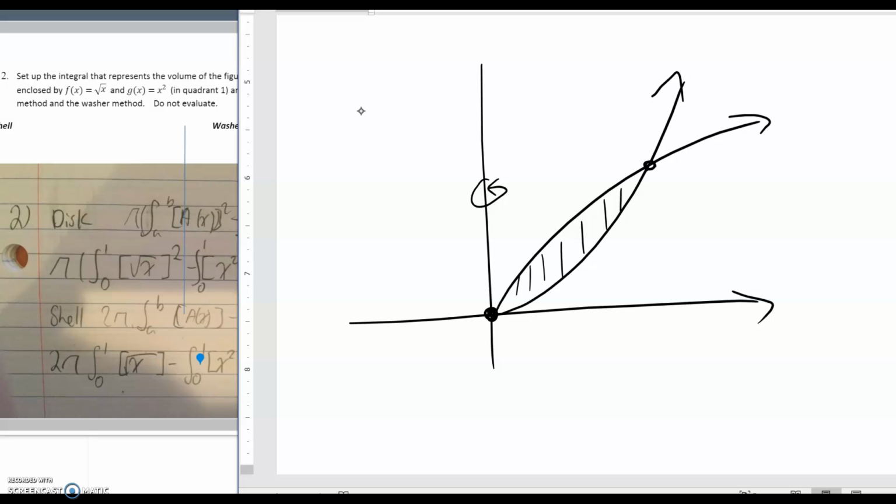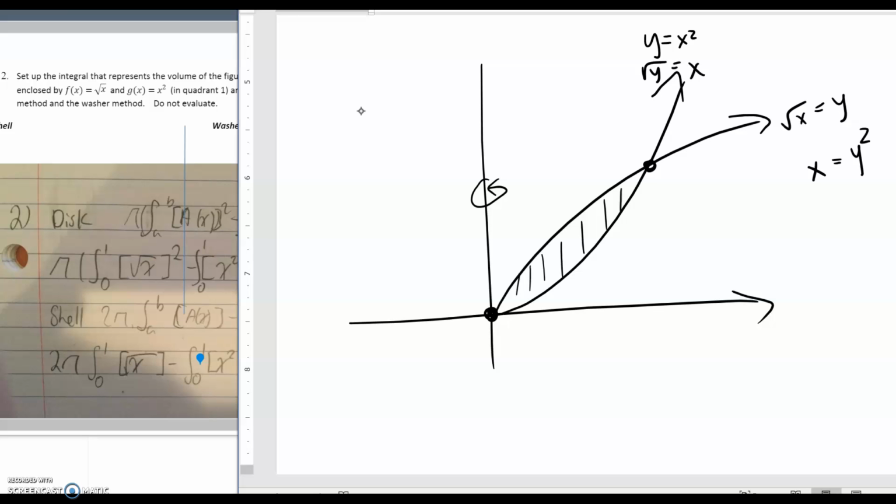We know this one is y equals square root of x. If we need to, which we might, square both sides: y squared equals x, so x equals y squared. This one is y equals x squared; take the square root of both sides, root y equals x. We only have to worry about the positive since we're in quadrant 1.